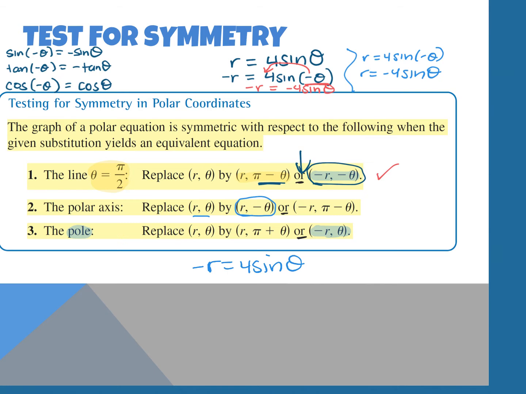So for pi over 2, we change both. For the polar axis, we do theta to negative theta. And for the pole, we do r to negative r. Those are the algebraic tests for symmetry. And then simplify it.